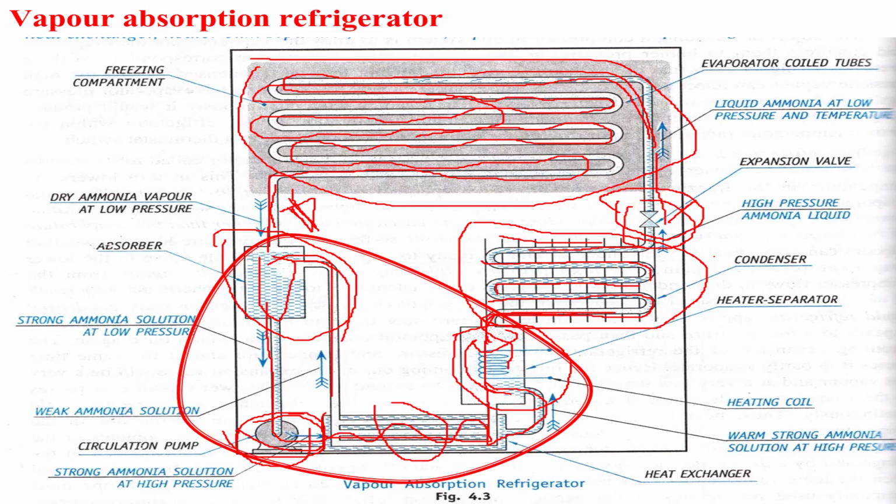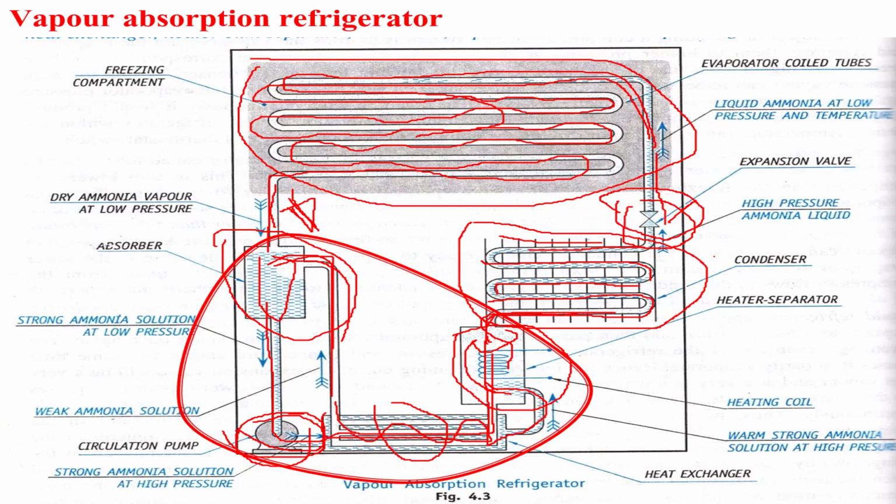Ammonia vapor is made to dissolve in the brine solution. The solution is pumped and made to pass through this preheater, because the solution gets heated up before coming into the separator. In the separator, when you further heat it, the ammonia vaporizes and passes through the condenser. Then the weak solution is taken back to the absorber.